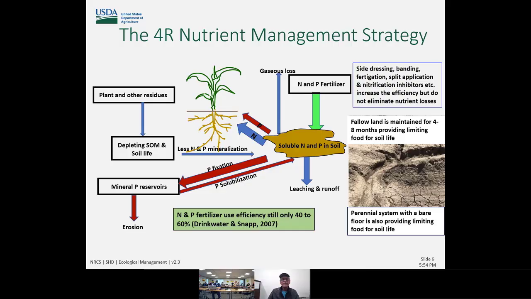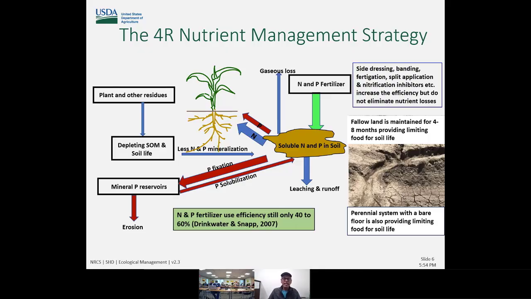Phosphorus is still fixed by the soil because of the system, and less phosphorus is coming to the soil solution. It has the same system as the dominant nutrient management paradigm. A little bit of plant and residues is coming to the soil, and depleting soil organic matter and soil life.